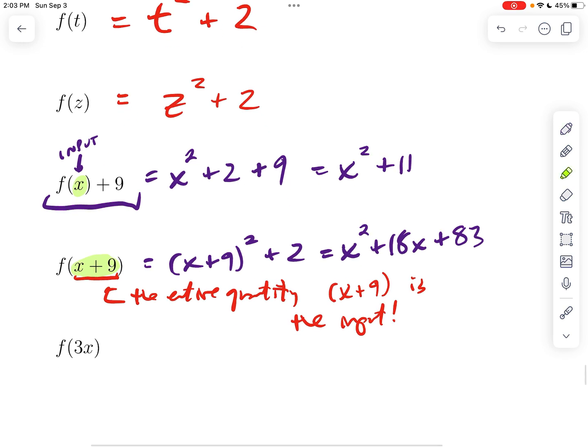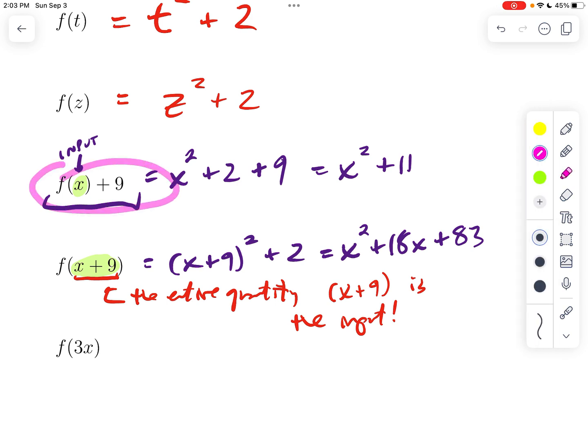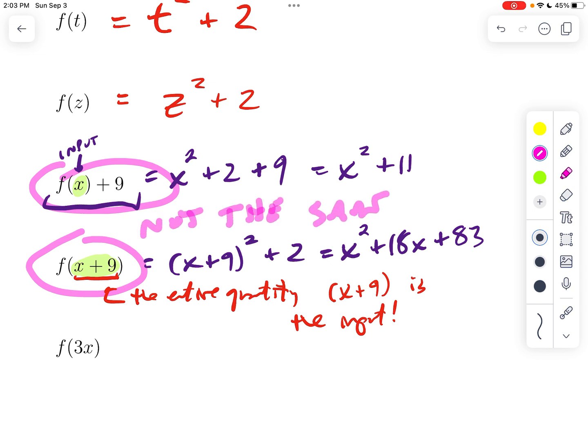So what I want you to notice immediately, we'll talk a lot more about this as we go, these are not the same. In one of them, we apply f to x, and then afterwards add the number 9. In the other one, the 9 is part of the input for f. This is very different.